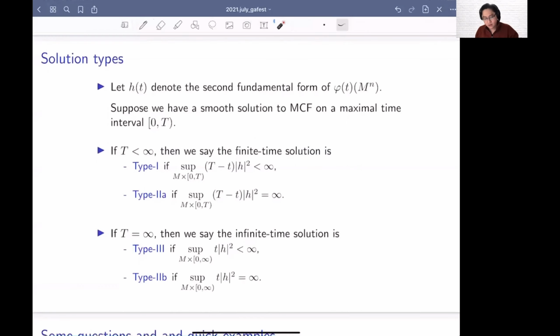And on the other hand, if the maximal time interval is from 0 to infinity, then we say the solution is type III if the highest curvature is on the order of 1 over square root of t. In this case it will be decay.